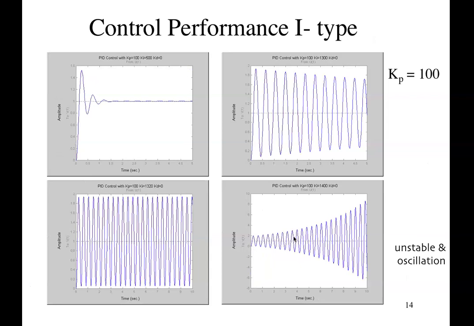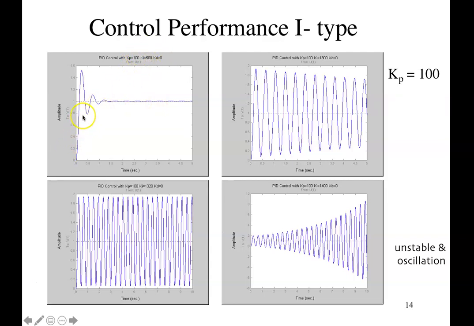Now, if I keep the proportional gain constant, let's examine how integral gain behaves, what it does. Okay, so over there, my Kp, the first term, the proportional gain, is set to 100. On the top left, my Ki term, I set the gain to 500.